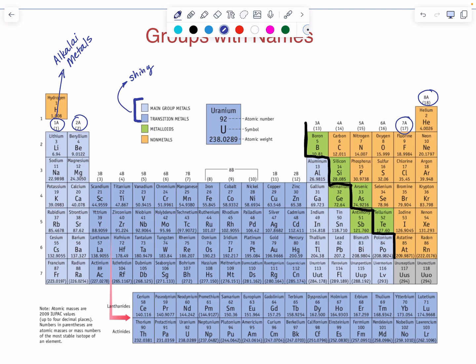So those are ductile, so they're not brittle. Using physical pressure, you can shape them into different shapes like wires or things like that. They're good at conducting both heat and electricity.